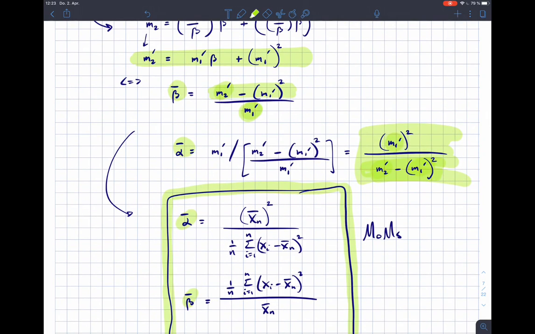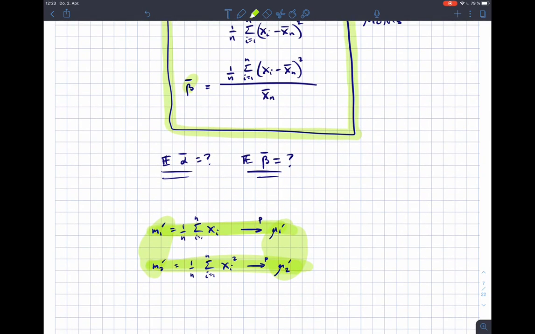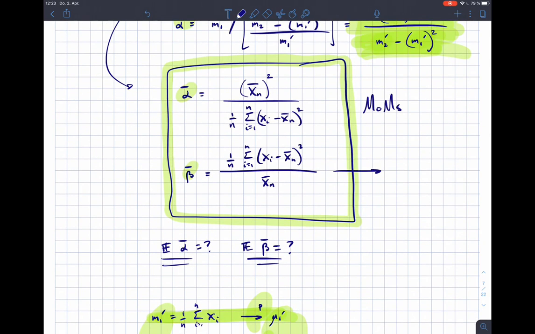So here I've got this function of sample moments and this function of sample moments. By the consistency of each of these sample moments, what I can say is that this is a consistent estimator of beta and this one is a consistent estimator of alpha. So that's good. We like our estimators to have consistency. Are they, though, the best possible estimators?